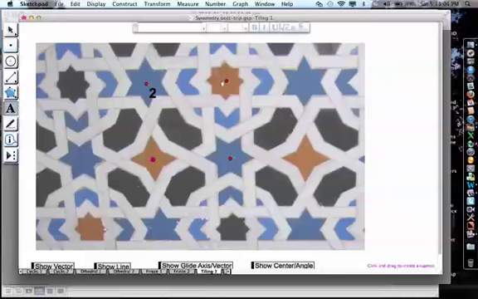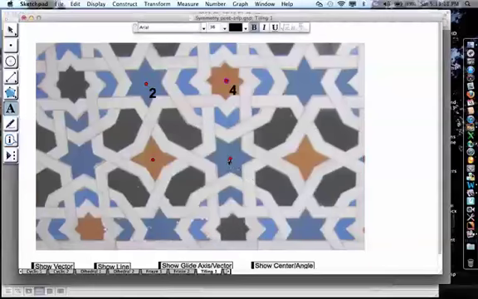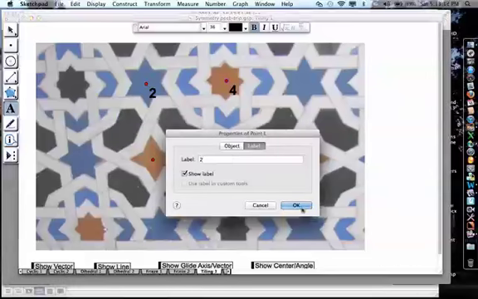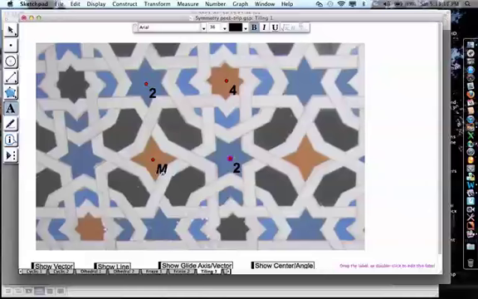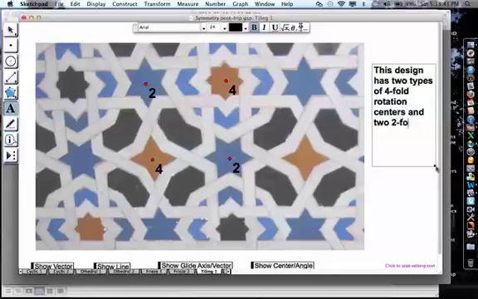So label those. 4, 2, and 4. And describe this. So this design has two types of fourfold rotation centers and two twofold rotation centers.